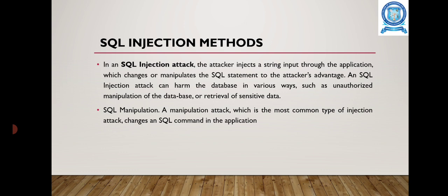SQL injection method. In an SQL injection attack, the attacker injects a string input through the application which changes or manipulates the SQL statement to the attacker's advantage. An SQL injection attack can harm the database in various ways, such as unauthorized manipulation of the database or retrieval of sensitive data.